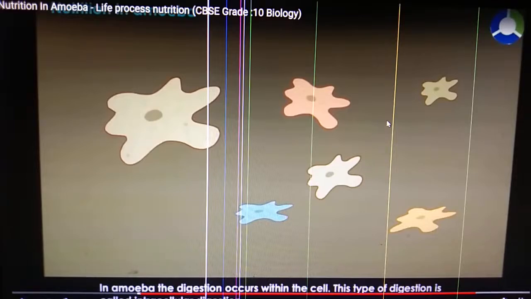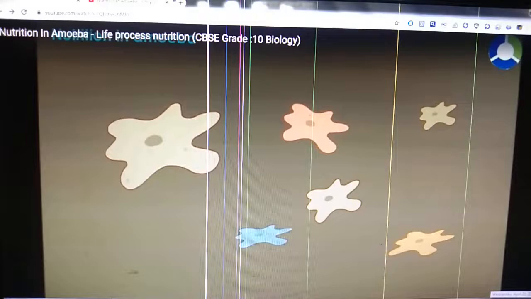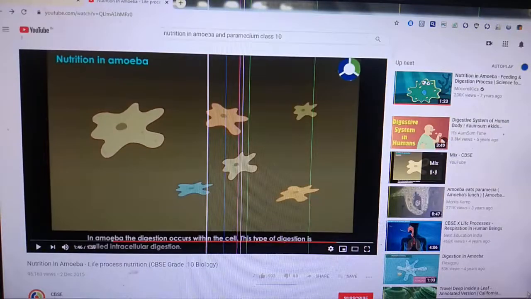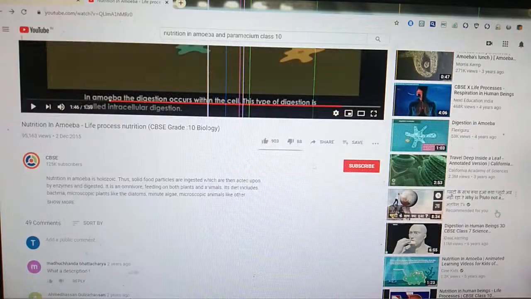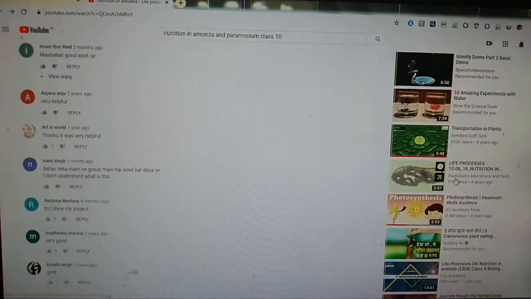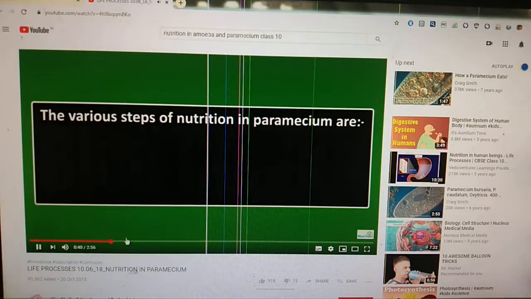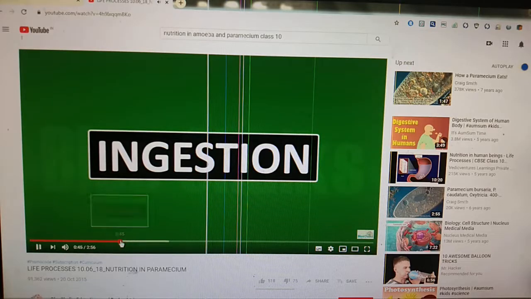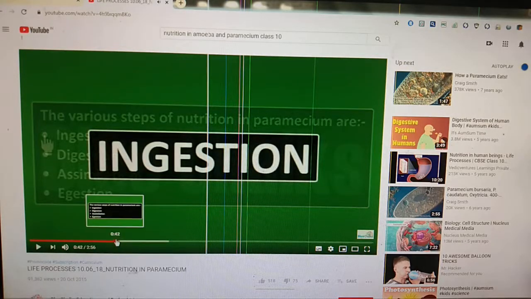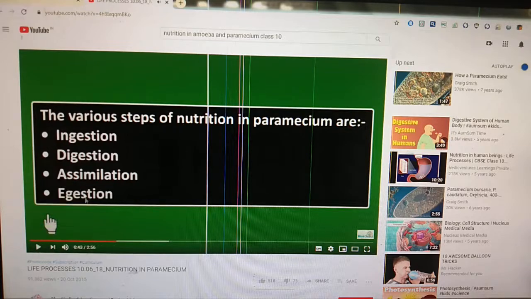Another single cellular organism is paramecium. It also obtains food by the same process, but a little bit is different. In paramecium also, mainly 5 processes take place: ingestion, digestion, absorption, assimilation and egestion.